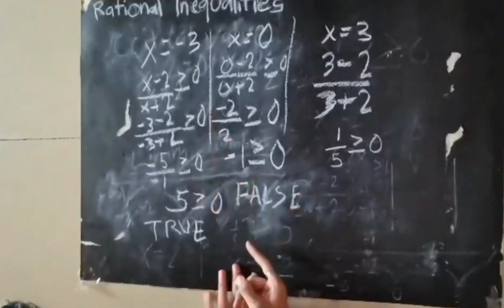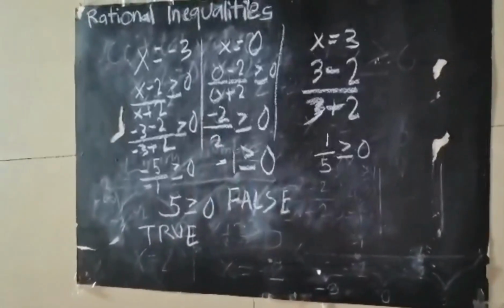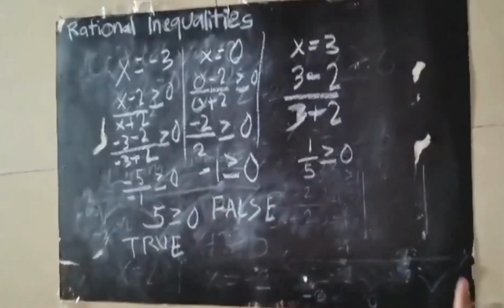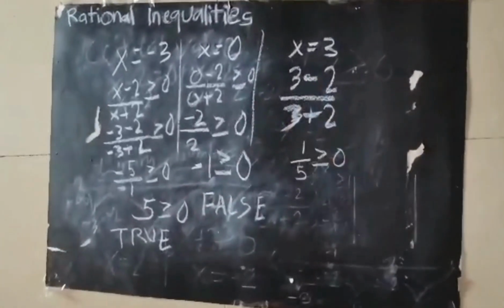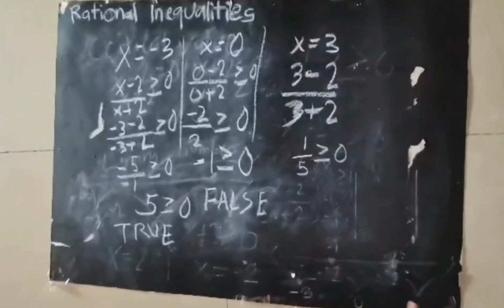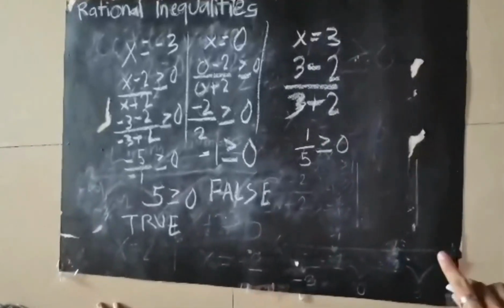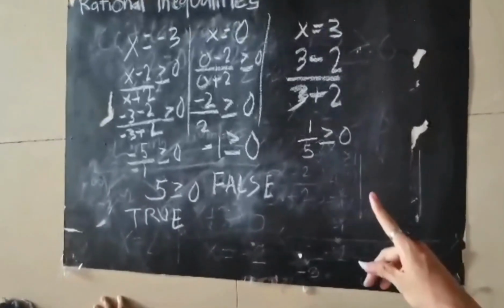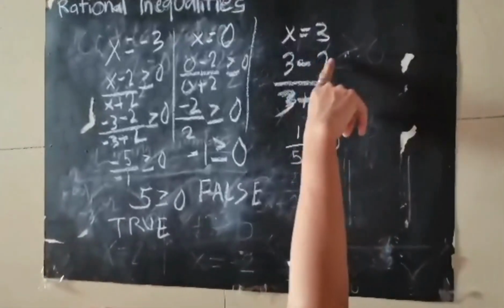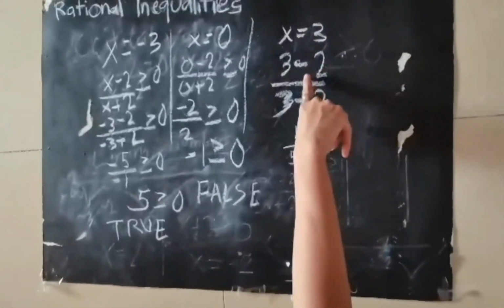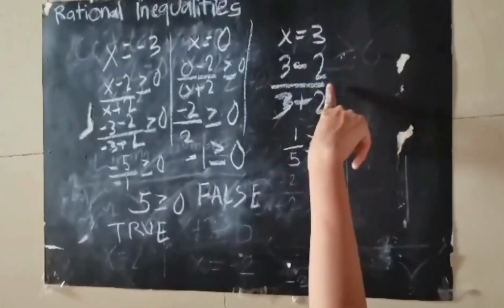That is for our 0. And next, for our last interval, x is positive 3, with the same operation. Our x will turn into 3, and the negative 2 and positive 2 are from our original form.